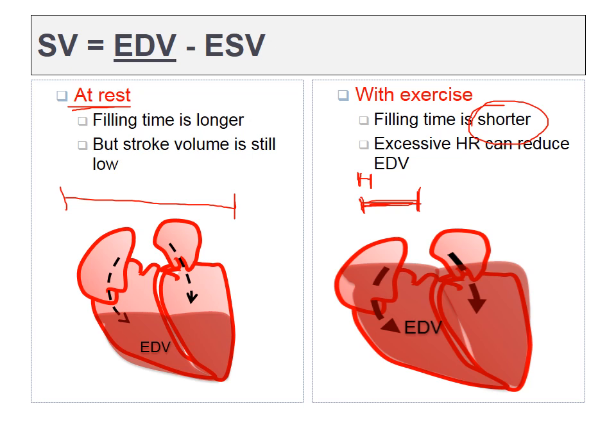So, under healthy conditions, as we exercise, the increased flow rate that we saw on the previous slide definitely leads to an elevation in EDV. I'm starting with a larger amount of blood in the heart.